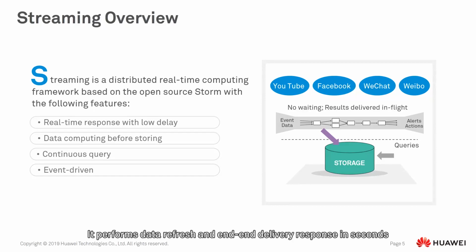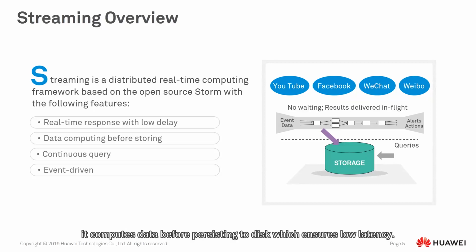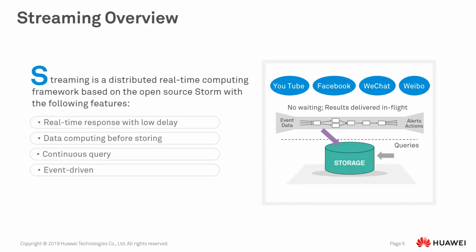Streaming has the following features. It performs data refresh and end-to-end delivery response in seconds or minutes, depending upon the problem. It has very low latency, and when processing data with streaming, unlike Hadoop, it computes data before persisting to disk, which ensures low latency.